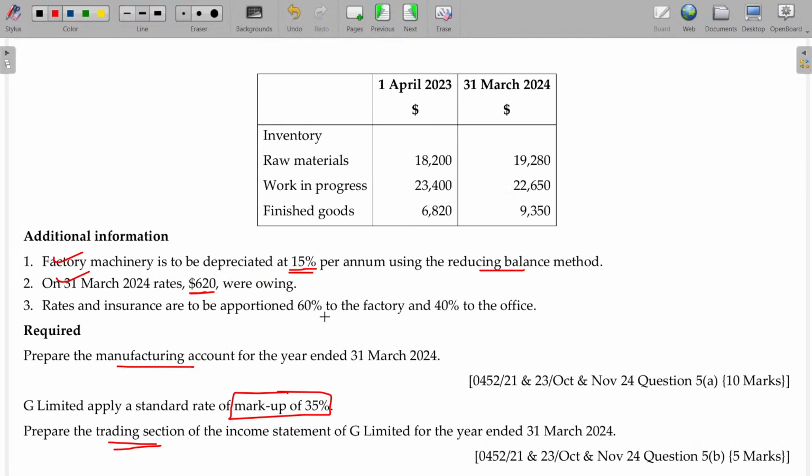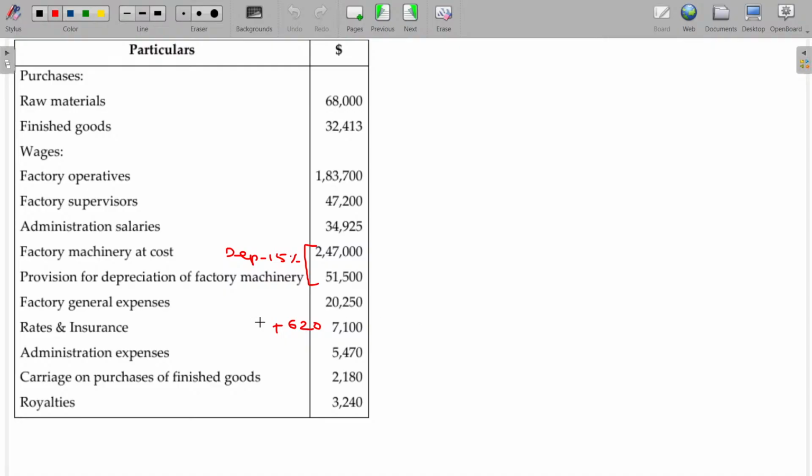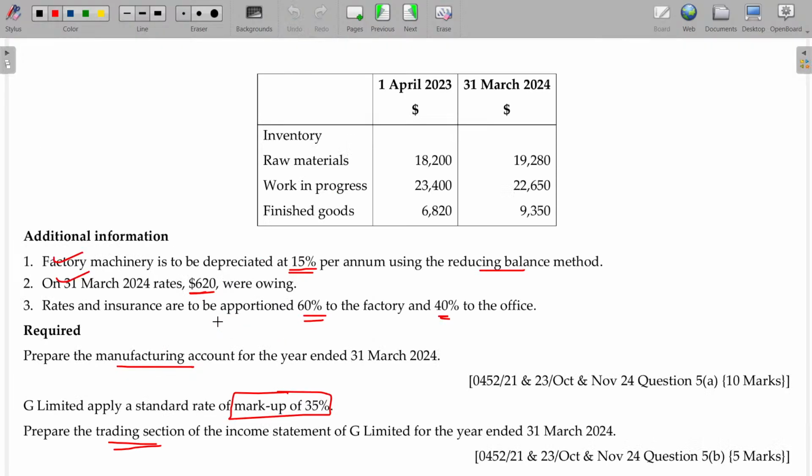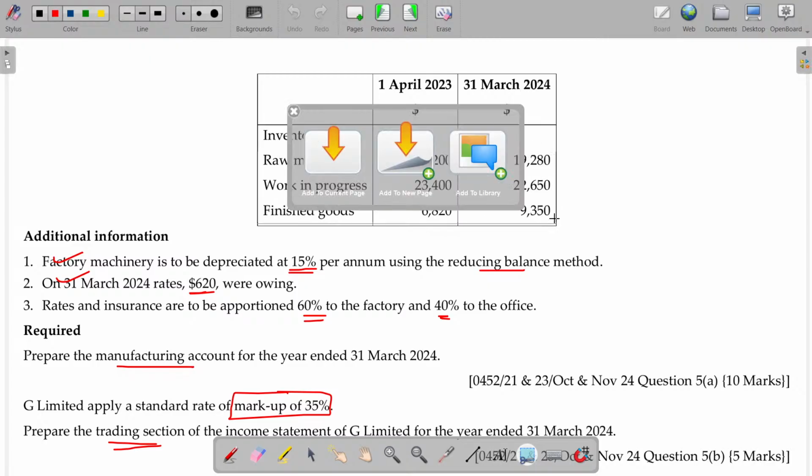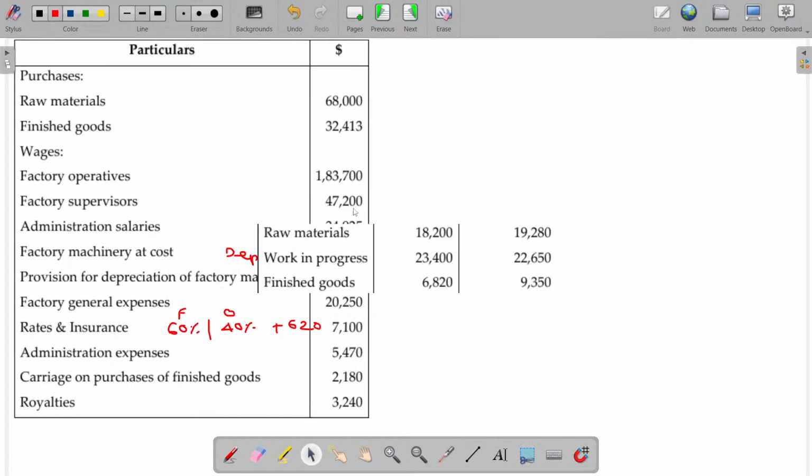Rates and insurance are to be apportioned in the ratio of 60 and 40 to factory and office. So 60 will go to the factory and 40 will go to the office. And apart from that, we have been given the materials here, opening and closing. These are the inventories we have been given in the year beginning and year end.